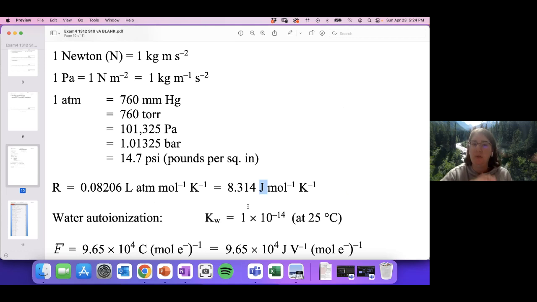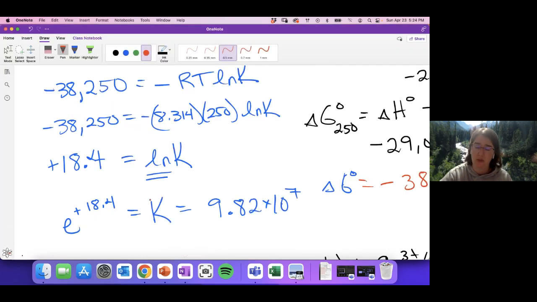So if you're on the exam and you know the number, but you don't remember the unit, just look at the back page. It'll tell you which one it is. And as long as they match, you're fine. Whether you change your value of R to be in kilojoules, or change your value of delta G standard to be in joules, doesn't matter as long as they are the same. They do need to match, but as long as they match, you're going to be fine.